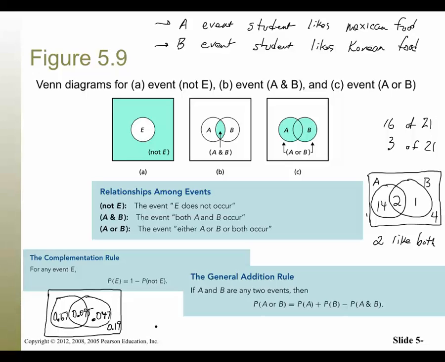Okay, and so then what's the probability that a student is in A or B? And remember, this was our probability rule for or. We got the 16 out of 21 that like Mexican. We got the 3 out of 21 that like Korean. But then we just double counted, right?